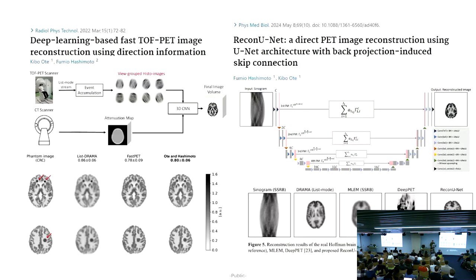The same group tried to modify the U-Net, including, this time, for each skip connection, a sensitivity image, a projection of that sinogram into the image space, in order to inform the network with more spatial information.